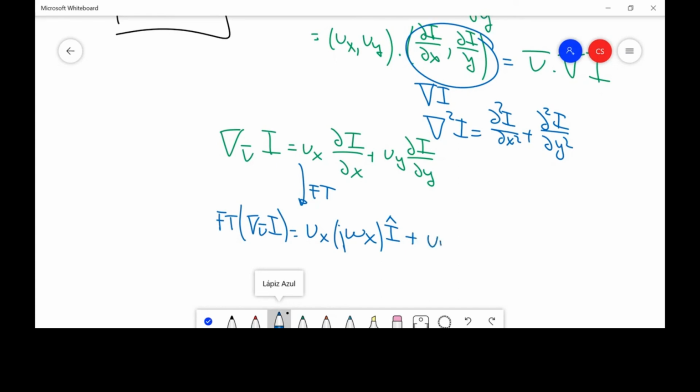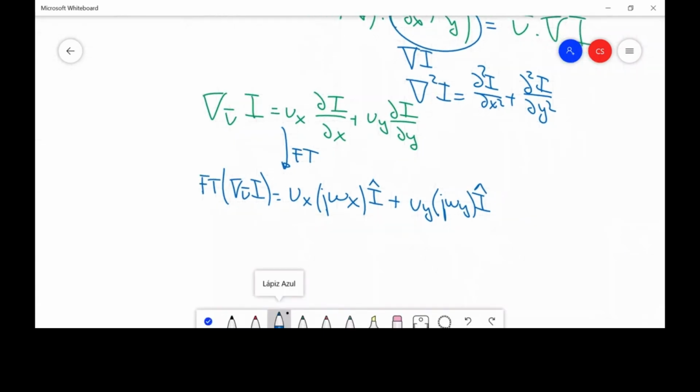Plus uy j omega y and the Fourier transform of I. So now we can rewrite this as the Fourier transform of I multiplied by j (ux omega x plus uy omega y).